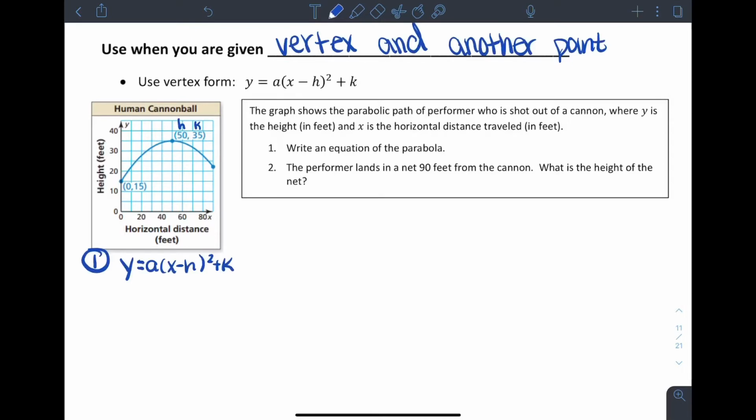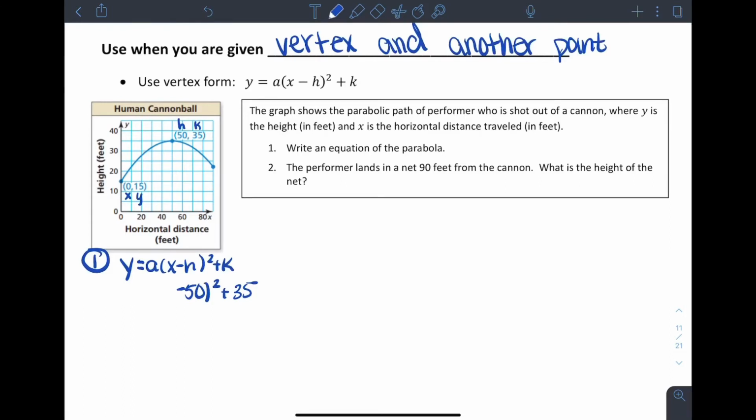So I'm going to have (x minus 50) squared plus 35. But I actually know something else too. I was given a point on the parabola, (0, 15). Now, that happens to be the y-intercept, but it's not actually very important that it's the y-intercept. It just needs to be another point. And therefore, that is an x value and a y value.